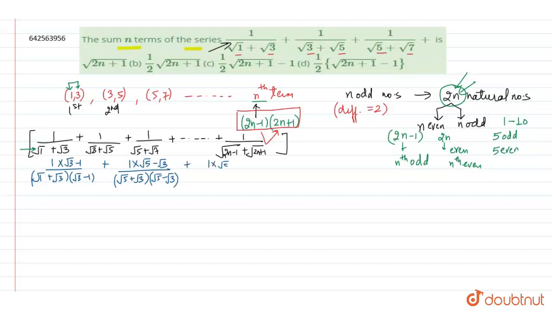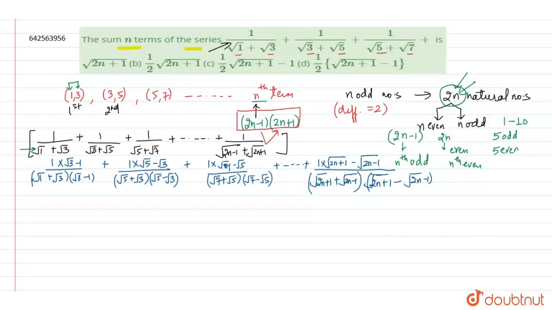Next will be 1 into root 7 minus root 5 upon root 7 plus root 5 into root 7 minus root 5, and so on till our last term, that will be 1 into root 2n plus 1 minus root 2n minus 1 upon root 2n plus 1 plus root 2n minus 1 into root 2n plus 1 minus root 2n minus 1.